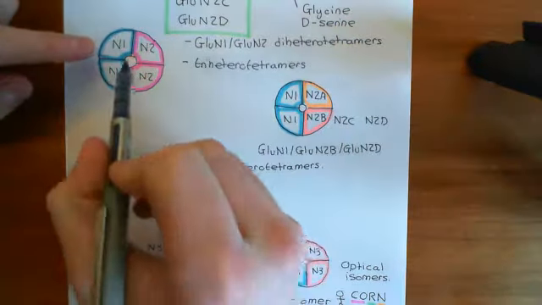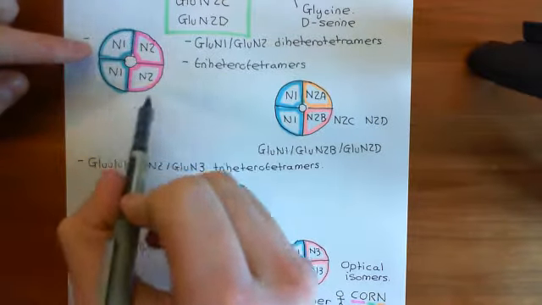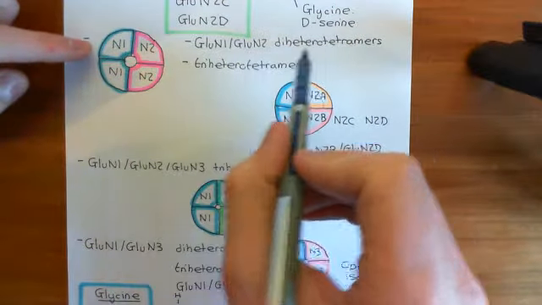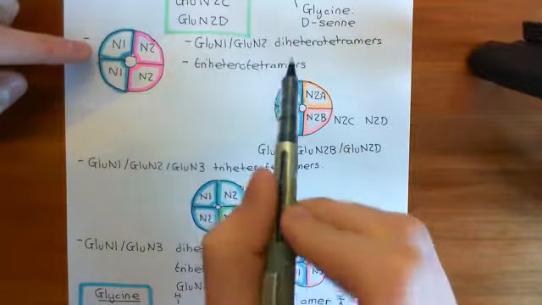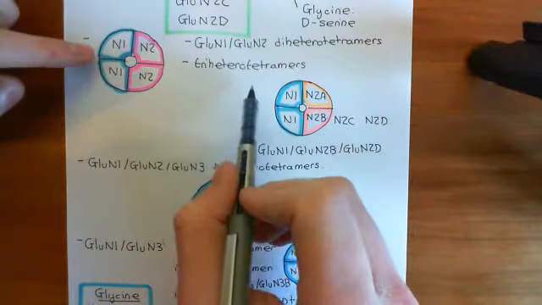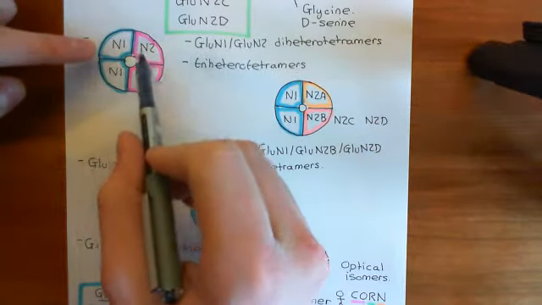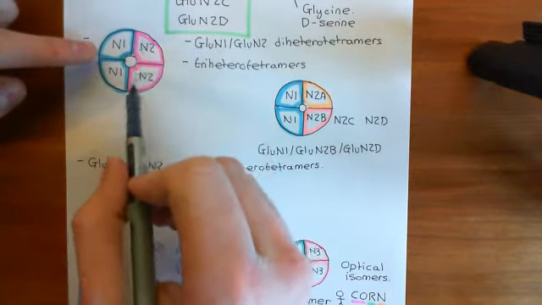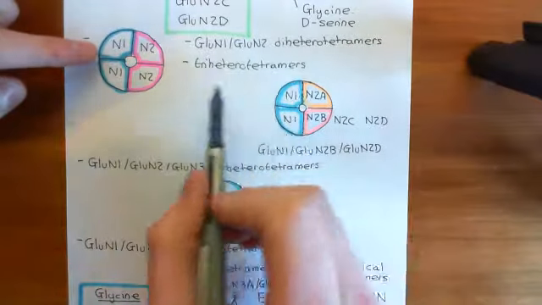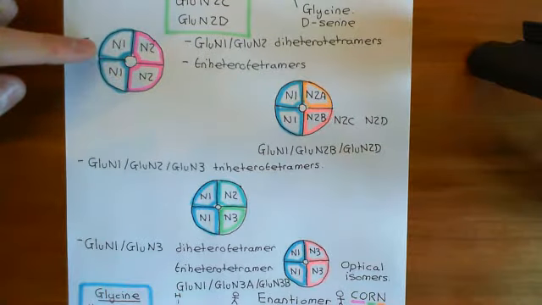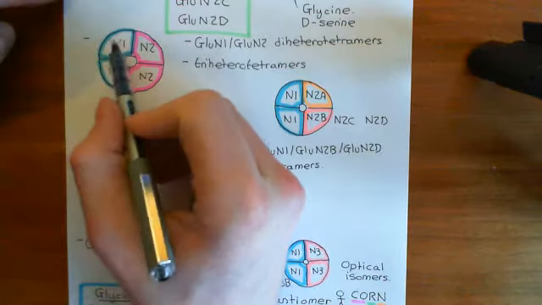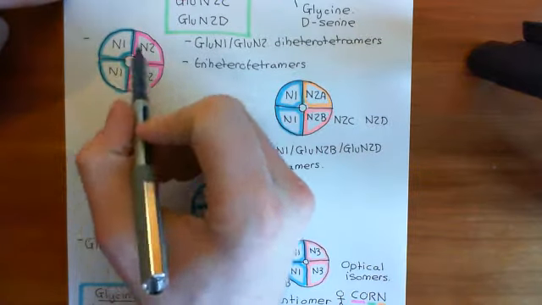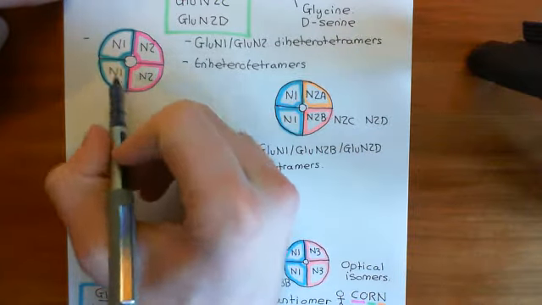If we start with these GluN1, GluN2 diheterotetramers or triheterotetramers, so these are the NMDA receptors where you have two GluN1 subunits and then two GluN2 subunits that are either the same, making a diheterotetramer, or are different, making a triheterotetramer.